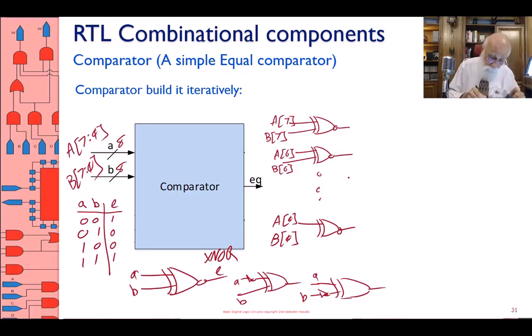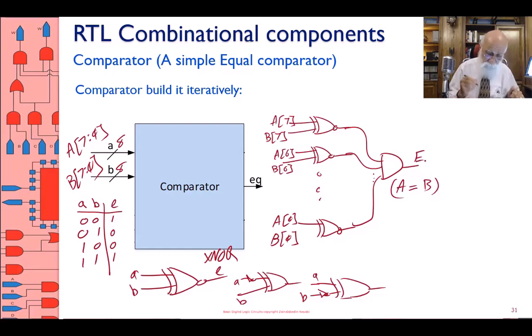And then if they are all equal, then A equals B. Or this is my capital 1-bit E output.